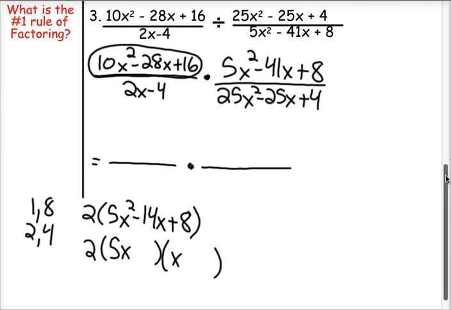And the thing that I would pay attention to, you are multiplying to a positive 8, but when you combine them, you are getting a negative 14. Multiplying to a positive while combining to be a negative. That tells me I'm searching for 2 negative numbers.